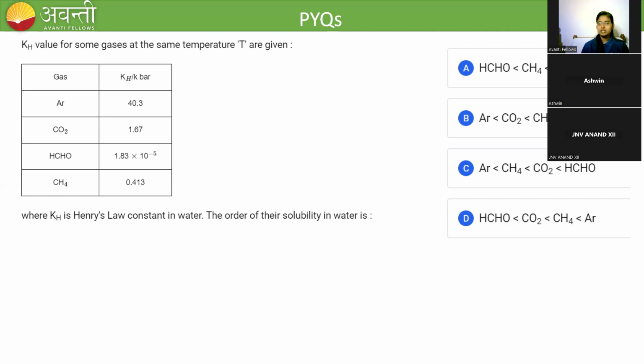Can you try this and let me know the answer in the chat box? I'll give you 15 to 30 seconds. Recall what we have discussed about KH and solubility, and let me know the answer in the chat box. Take some time and do it. After some time, I'll discuss this with you.